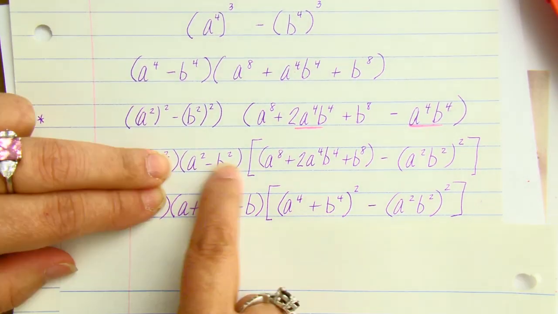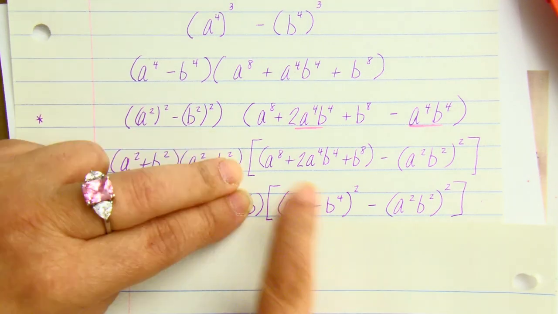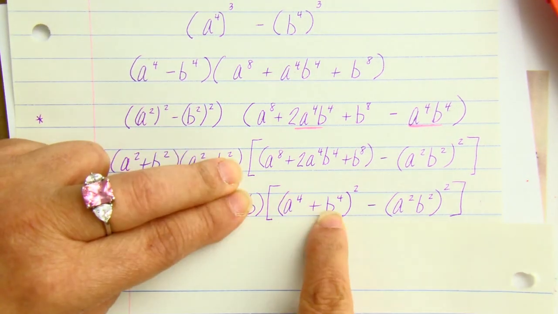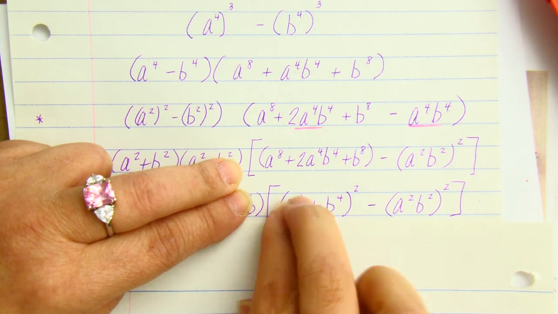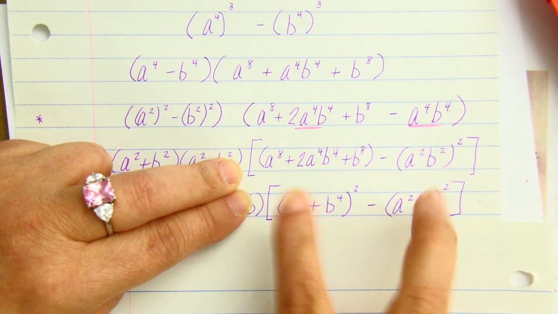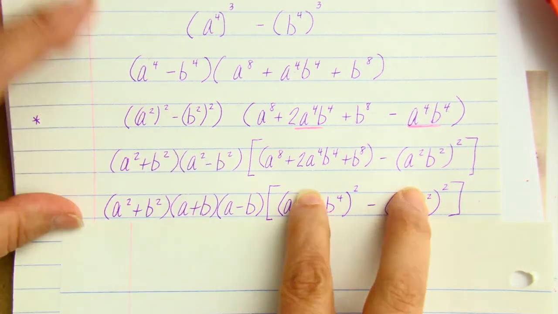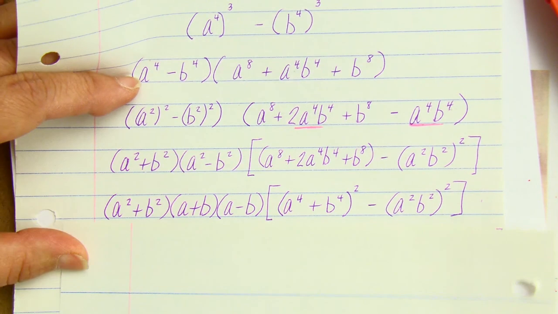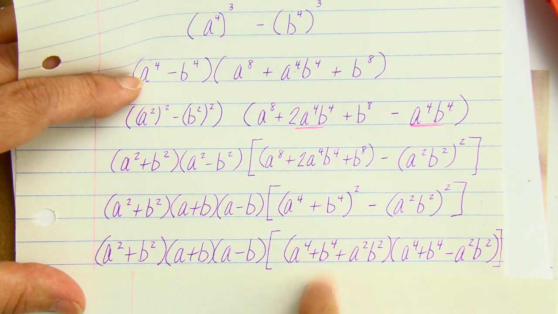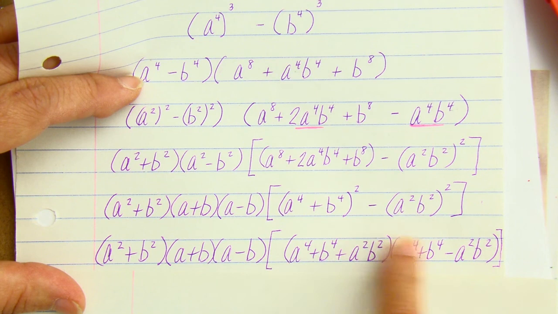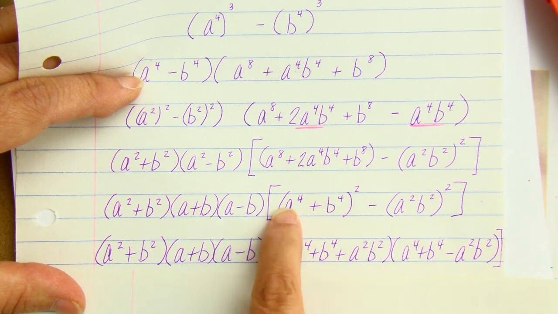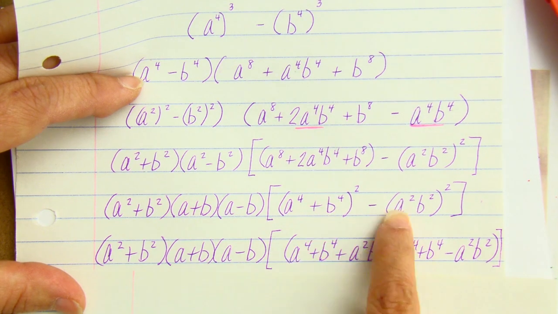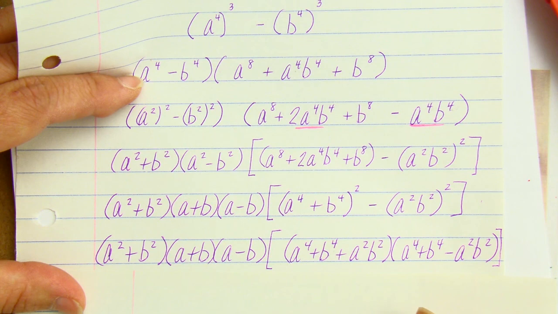This is dots. This is a perfect square trinomial. So this now is the difference of 2 squares. That's going to factor as a plus b times a minus b, where a to the 4th plus b to the 4th is my a, and a squared b squared is my b term.